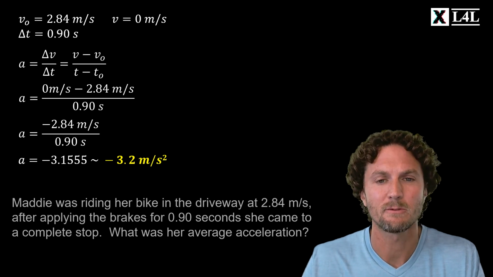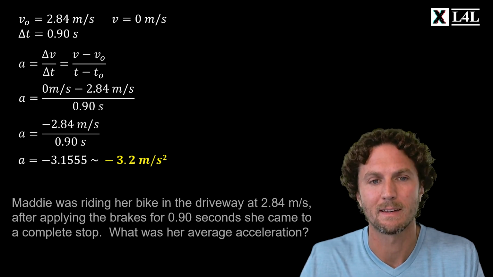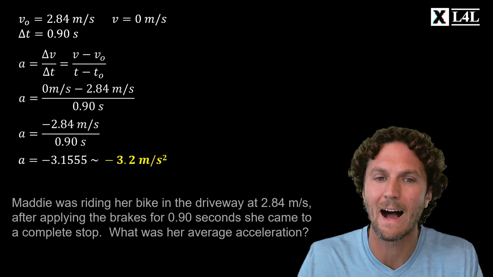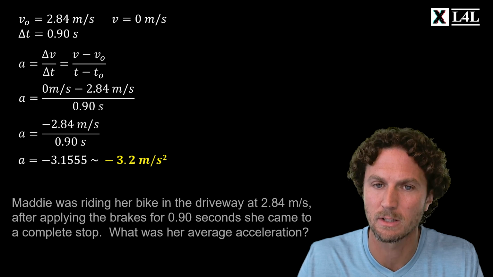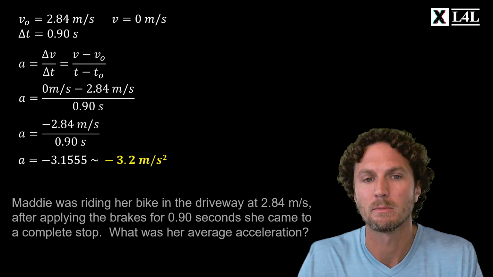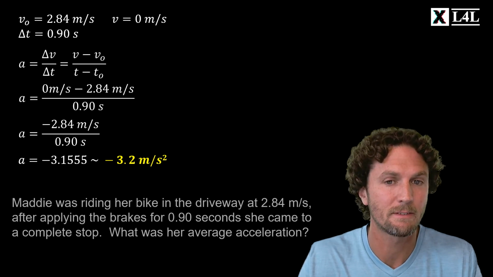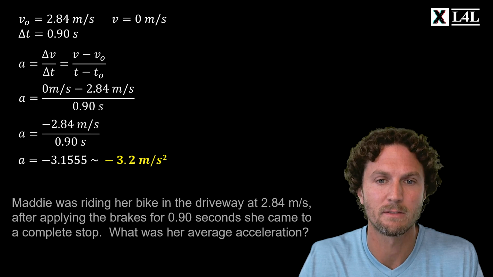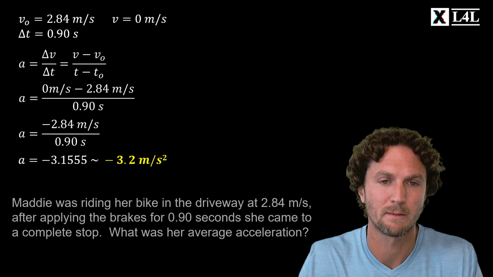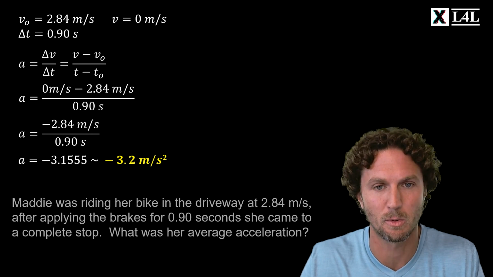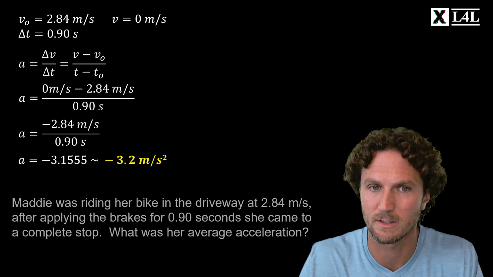So it doesn't really matter the fact that the acceleration is negative in this case. What's important is that it's the opposite sign or direction with the way that she was traveling. If the problem showed Madison traveling to the left and was given as an initial velocity of negative 2.84 meters per second, then her acceleration would have had to have been positive 3.2 to cause her to stop.